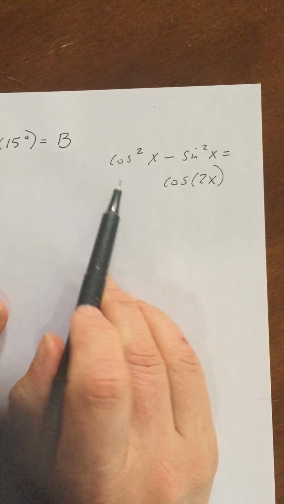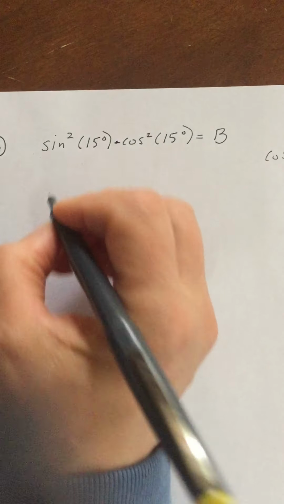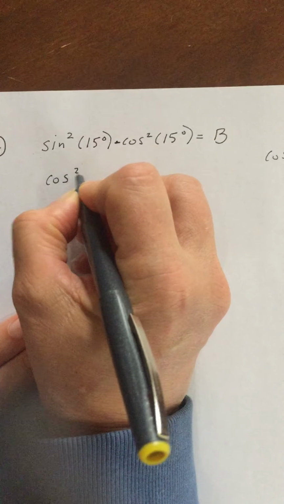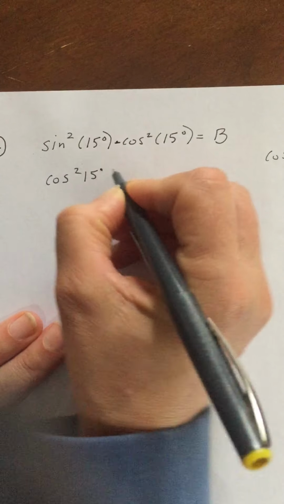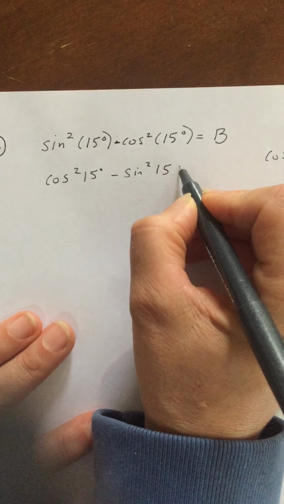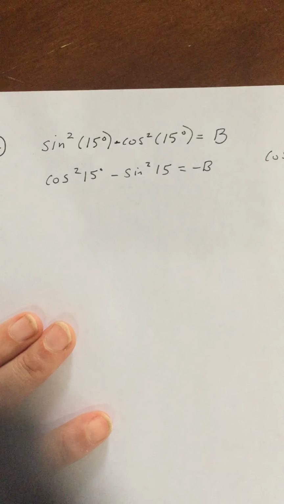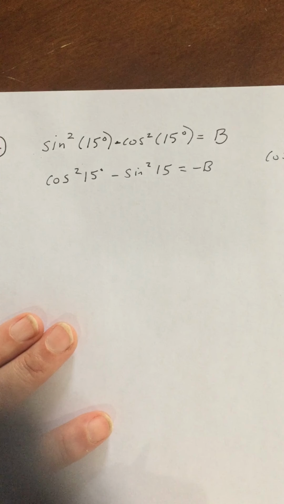But anyway, the problem with the way this one's written is it's actually backwards. So what you might want to do is make it cosine squared of 15 minus sine squared of 15 equals negative b. In other words, you're multiplying both sides by -1. That changes the order of the subtraction.